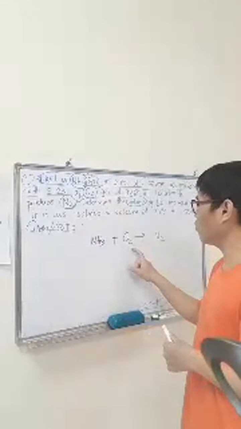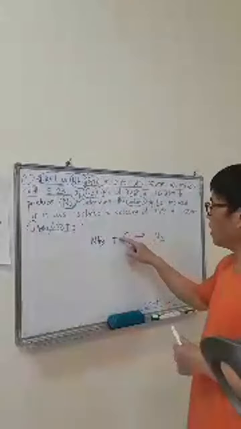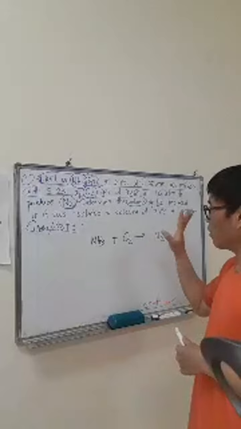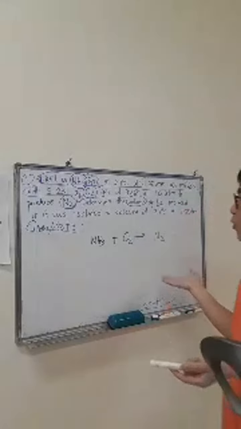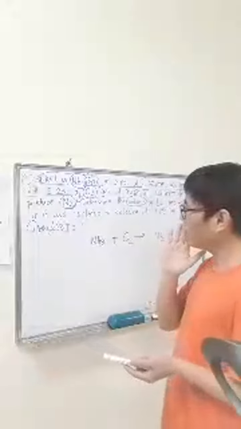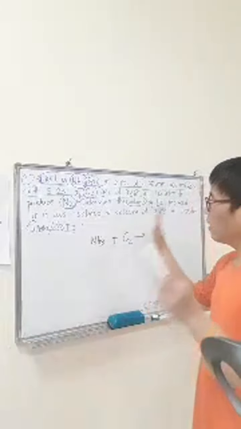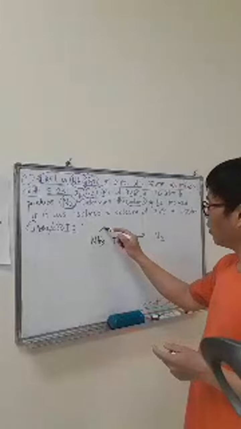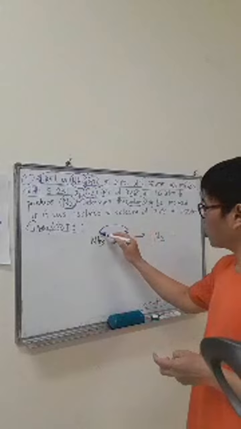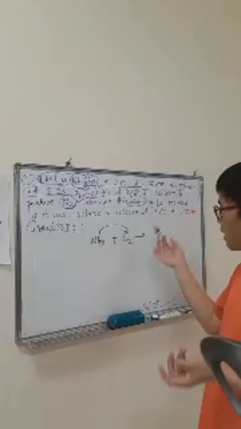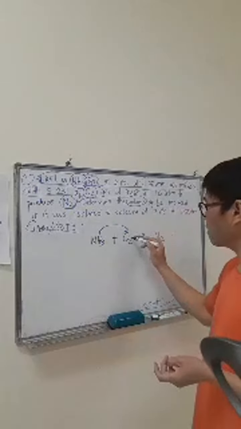The partner is oxygen, which is electronegative with a charge of -2. So in this case, we treat ammonia as the one that will donate the proton. I will put an arrow going to the oxygen. The H proton will be donated to the oxygen gas.